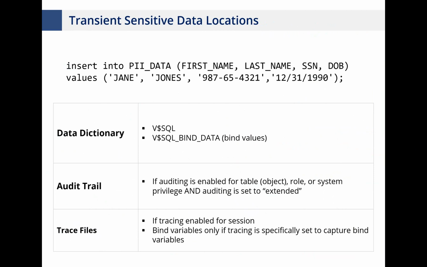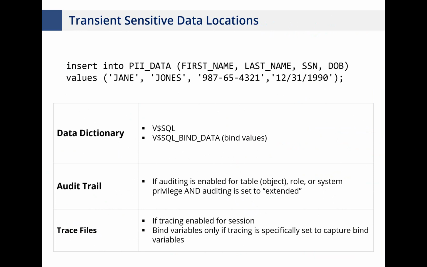So it stores and keeps SQL statements that are executed in these temporary tables. Once I shut down the database, it clears all these out. But while the database is running, DBAs and other people can go into the V$SQL tables and see what's happening, see these SQL statements being executed. And if you're including the data in there, people can pick it up.